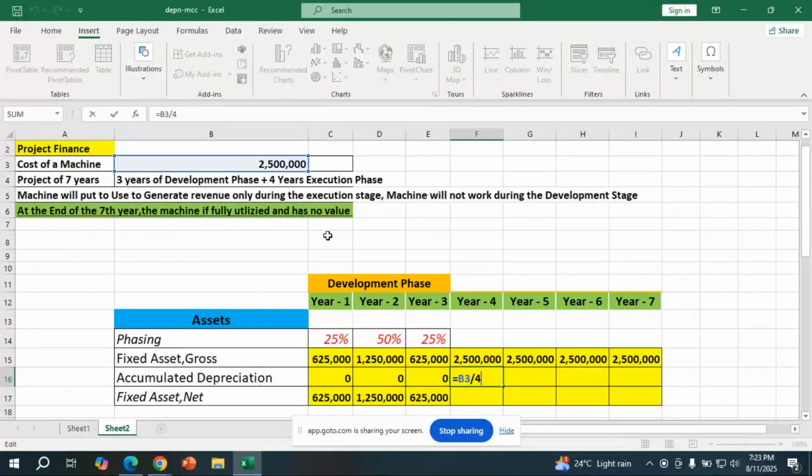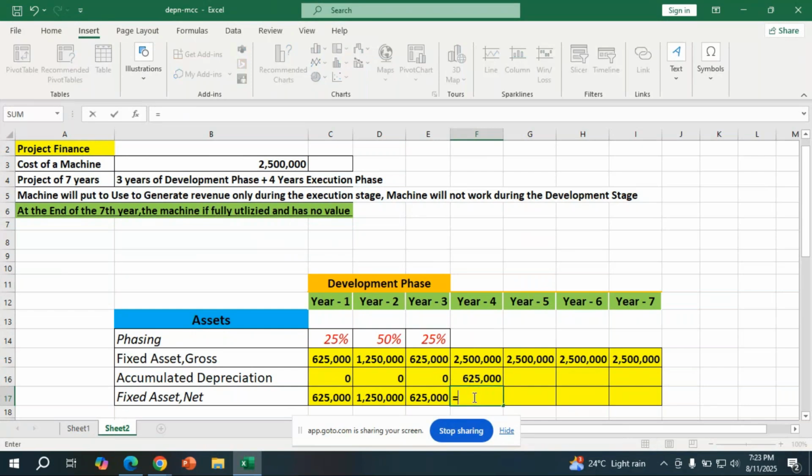The gross value of the asset is 25 lakhs divided by 4 years, which is the execution stage where we calculate depreciation. For the first 3 years, it is 0. Correct? So divided by 4. Plus if you add 0, you get the same value. So we are taking the reference of the previous year with the current year calculation. Current year it is 6 lakh 25 plus the previous years, which is the same.